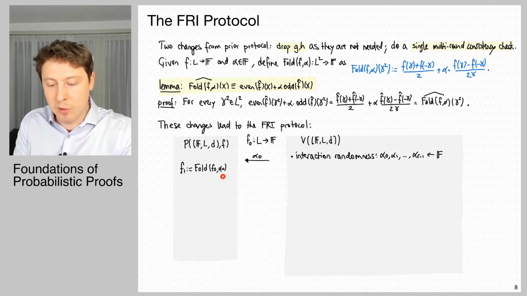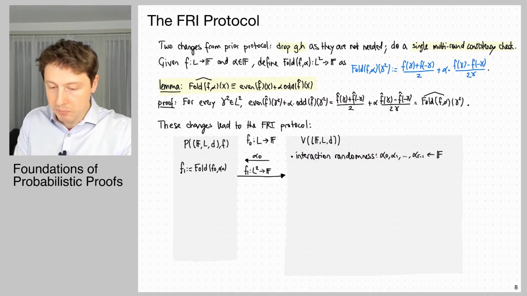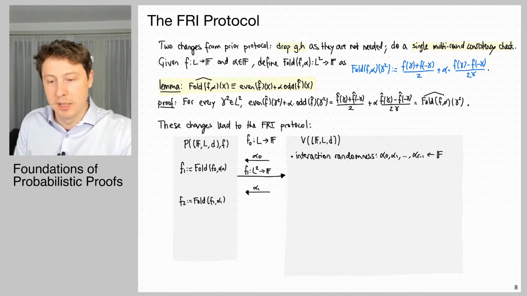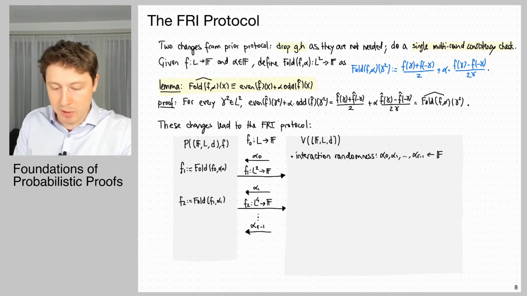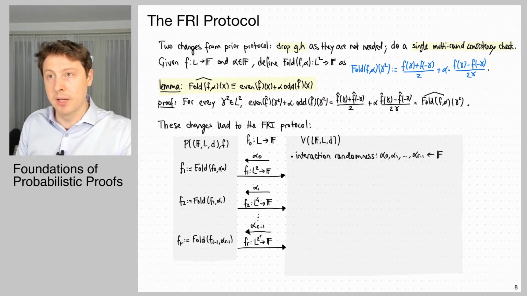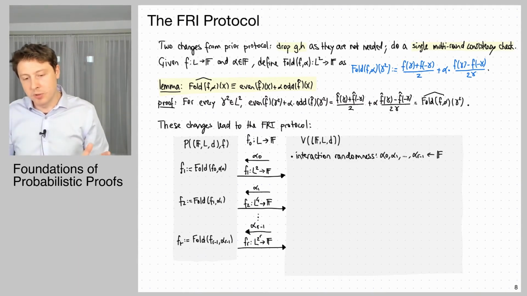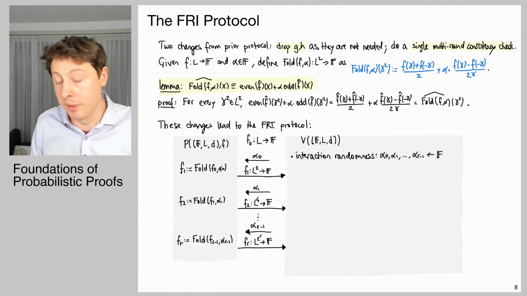The prover will fold the function around alpha 0. It will get this smaller function, half the size, and send it over, okay? The verifier is going to send the next pivot. Prover is going to fold, send it, and so on until the last folding, okay? And things get smaller and smaller. At some point, you get a constant size domain.